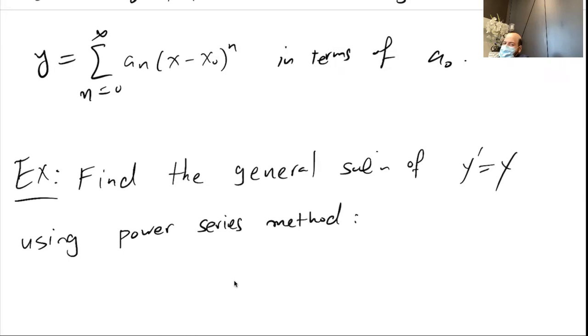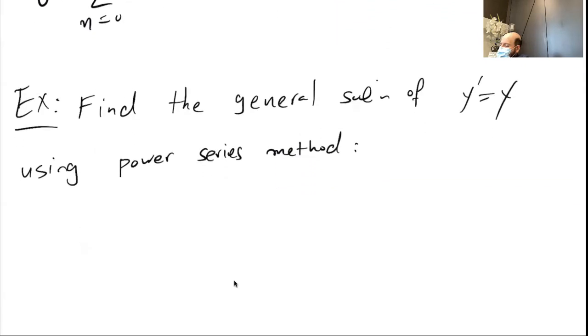So above, we saw how to solve this ODE. We saw how to verify that y equals e to the x is a solution for this ODE. But now let's assume we don't know that that is a solution, and we want to derive the solution using the power series method.